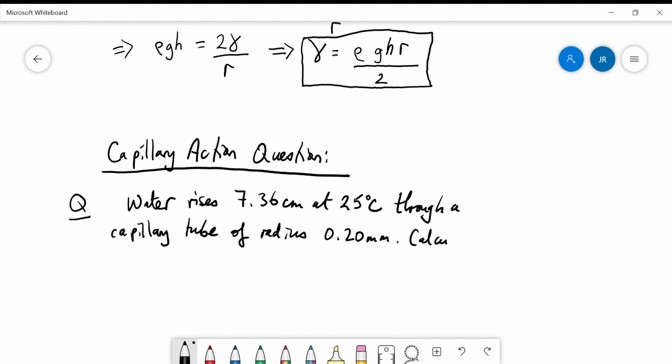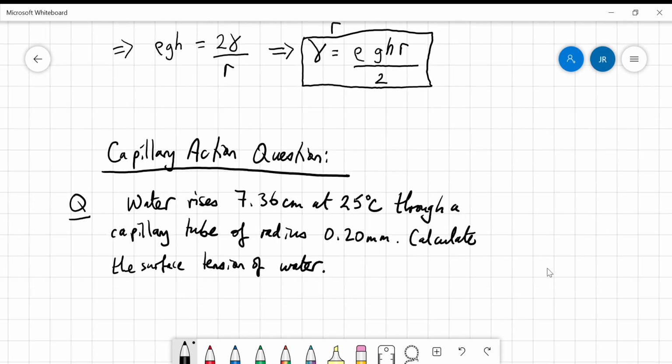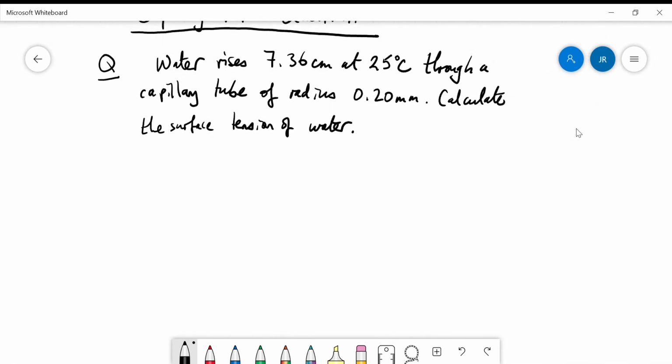Calculate the surface tension of the water. Okay, so there's our question. Let's look at our answer.